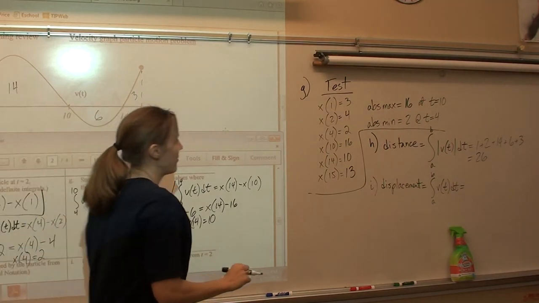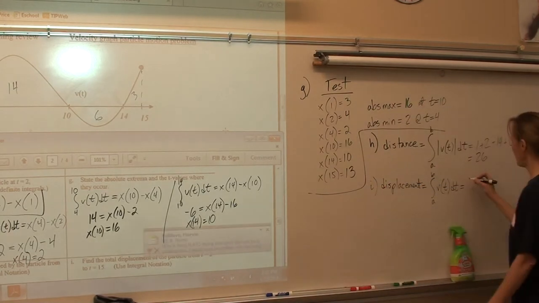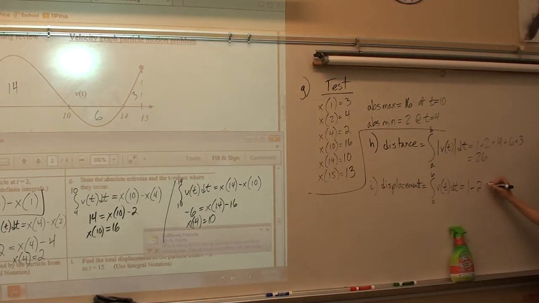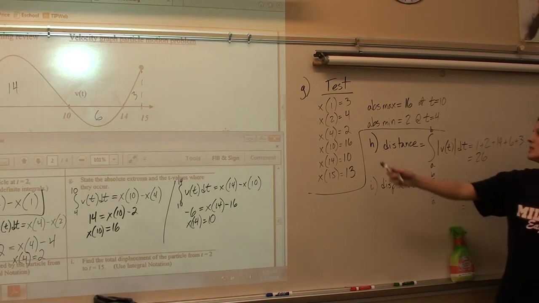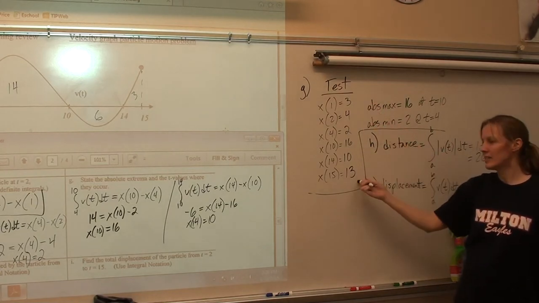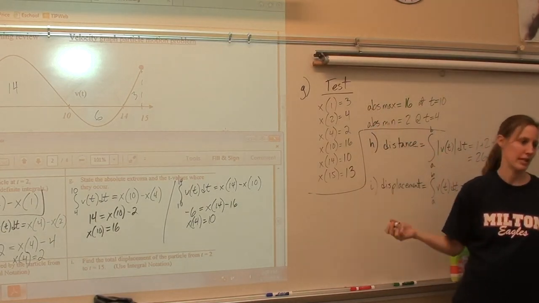So instead of having all positives, we would have 1 minus 2 plus 14 minus 6 plus 3. And we end up with negative 1, 13, 7. Our displacement is 10. Which makes sense because he started at position 3, he ended at position 13, the displacement is 10.